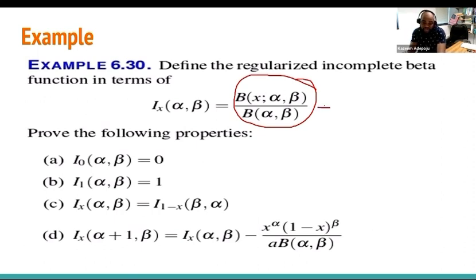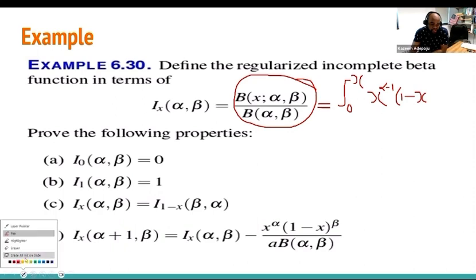Okay, so if I want to write this now, it's basically the integral from 0 to x of the numerator, t raised to power alpha minus 1, (1 minus t) raised to power beta minus 1, dt. Give me 1 second. I'm actually going to erase this and make it t.